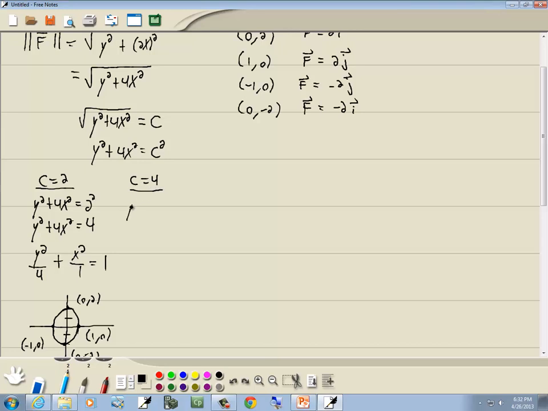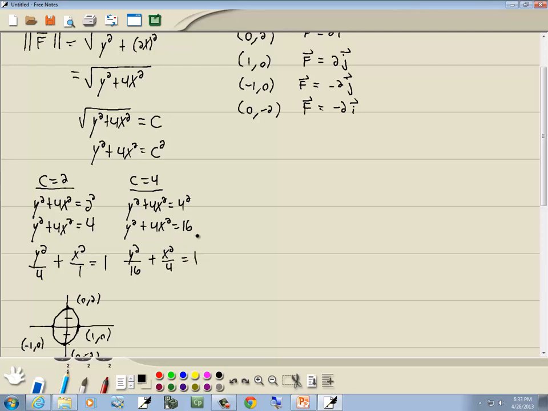Okay, so we're going to have y squared plus 4x squared is equal to 4 squared, which is y squared plus 4x squared equals 16. We'll go through and divide everything by 16. So we've got y squared over 16 plus x squared over 4 equals 1.